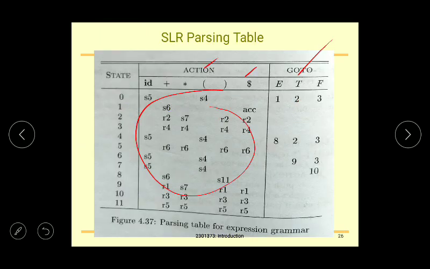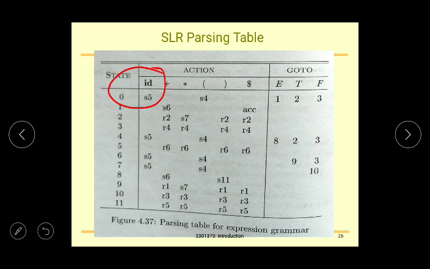So for example, here 0 on id is s5, isn't it? Okay, 0 on id is s5. Along with s5 you may get s5 or some r1, r2 like that, or s5 or s6.